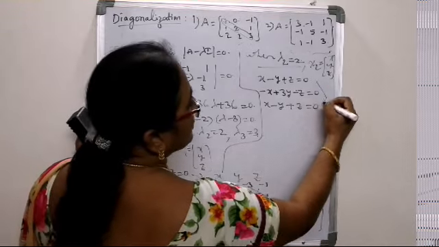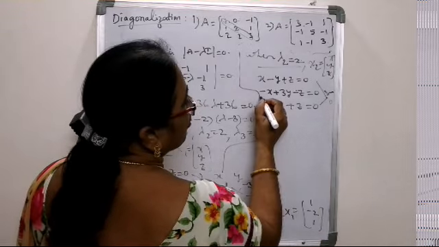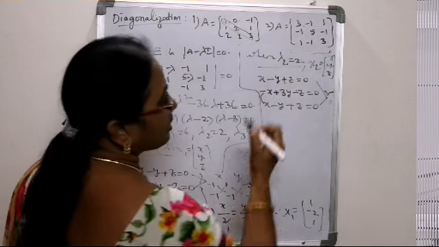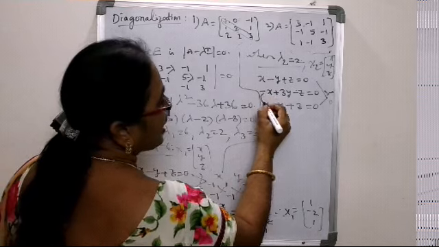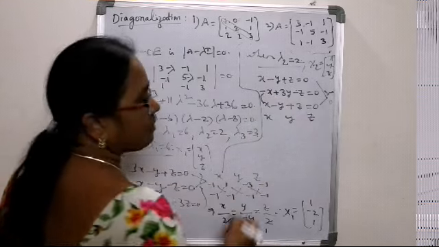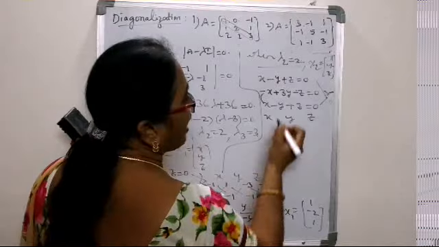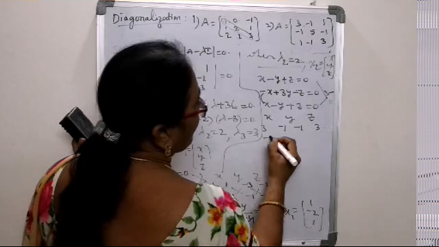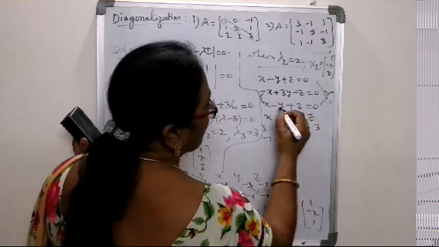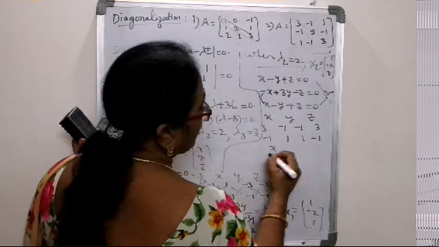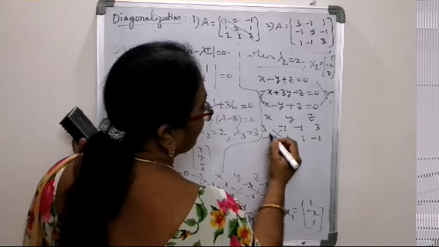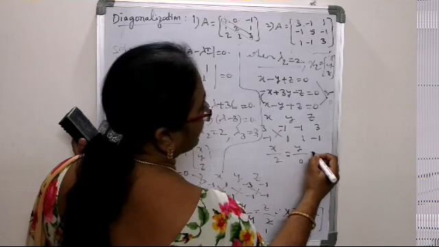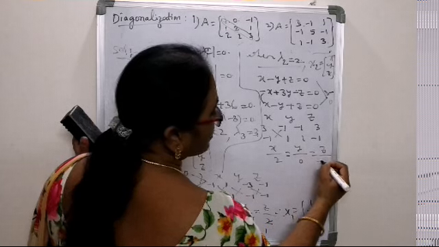It is clear that the last and the first equations are the same. So we solve the first and third, or the second and third equations. Considering the second and third using the cross multiplication method, writing the coefficients starting with the y coefficient, we have 3, minus 1, minus 1, 3, minus 1, 1, minus 1, 1, 1, minus 1, giving us x by 3 minus 1, 2, y by minus 1 plus 1, 0, z by 1 minus 3, minus 2.